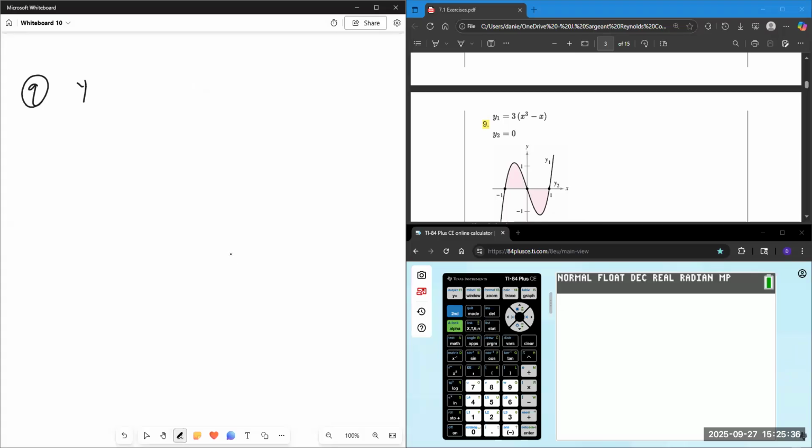9 says y1 equals 3 times x cubed minus x. y2 is 0. I'm going to use symmetry here to help me with this one. I see that it's an odd function. I see that the area to the left and to the right here are the same.